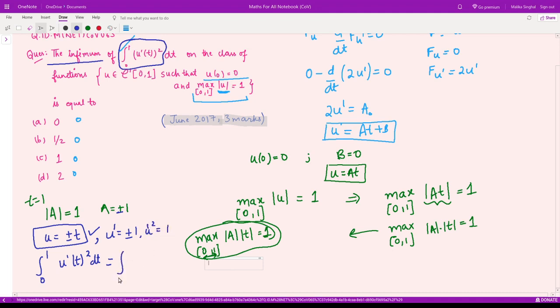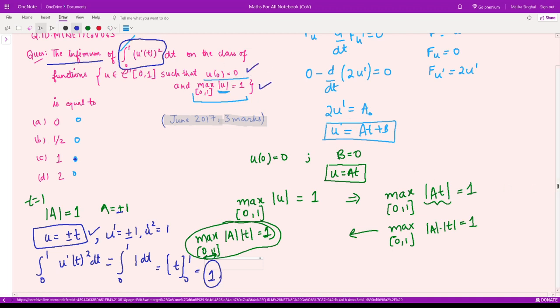So it would be the integral from 0 to 1 of dt. So this would give me t with limits from 0 to 1, which is equal to 1. So the value is 1. So 1 is the infimum of the given functional with these two given conditions.